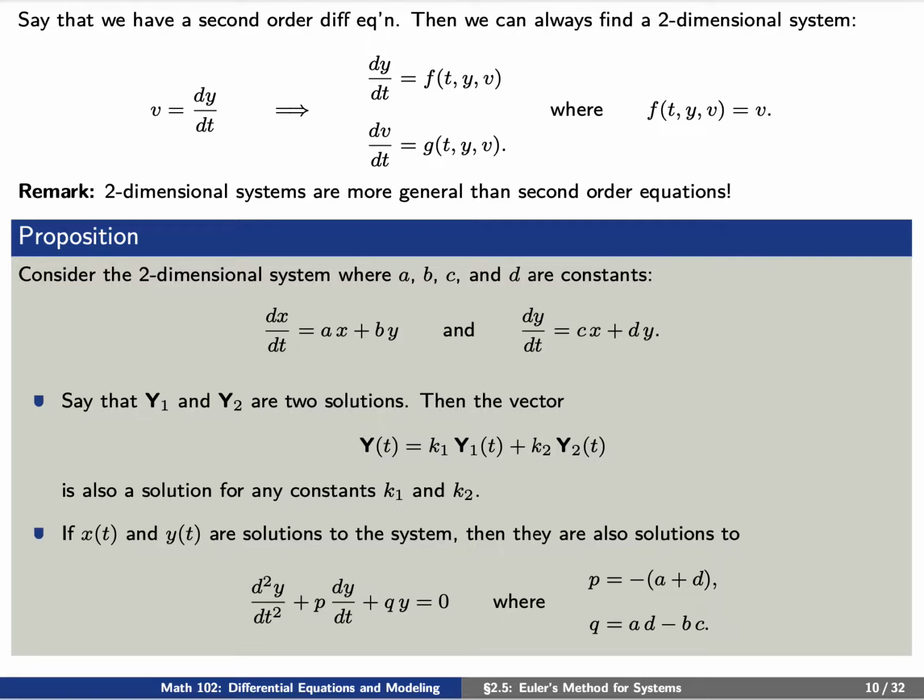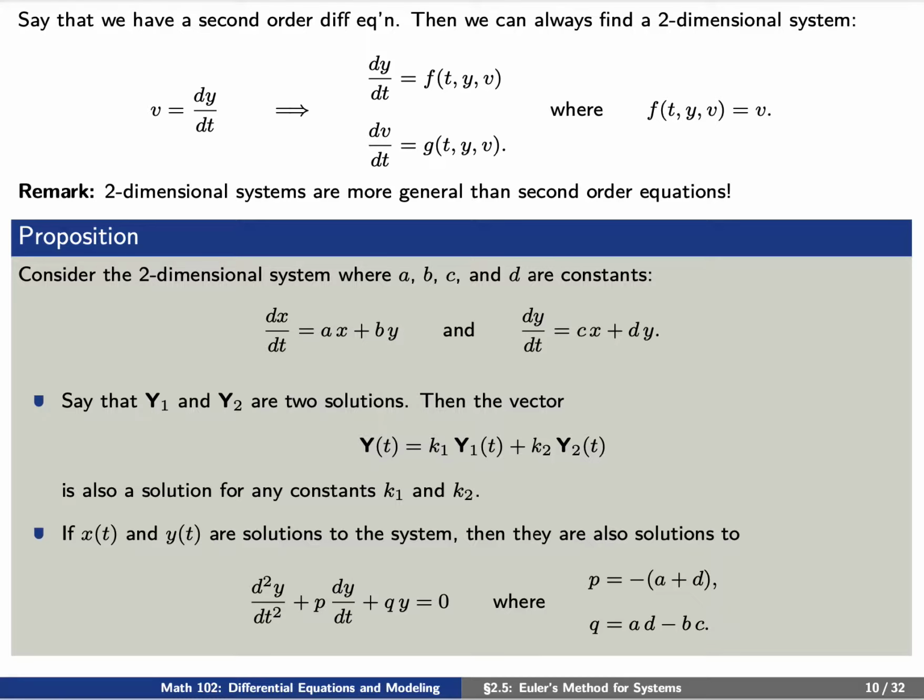We have two properties. First, say that capital Y1 and capital Y2 are two different solutions to this two-dimensional system. Then the linear combination capital Y equals K1 times capital Y1 plus K2 times capital Y2 is also a solution for any constants K1 and K2.